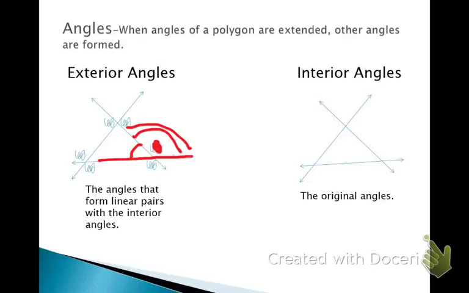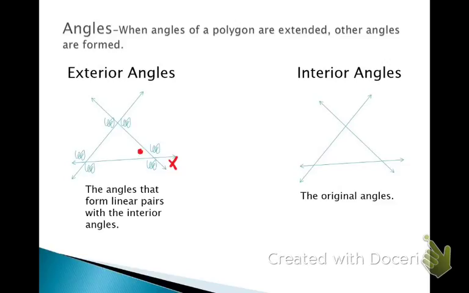But not all the angles outside are exterior angles. This angle right here is a vertical angle with the angle inside the triangle. Vertical angles are not described as exterior angles. They are vertical angles.